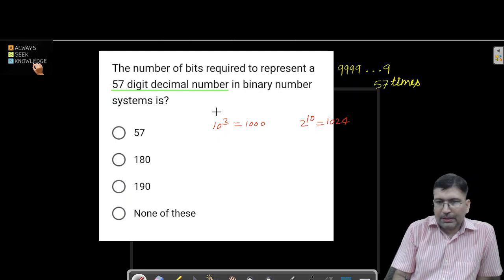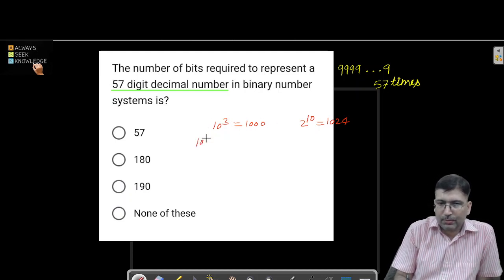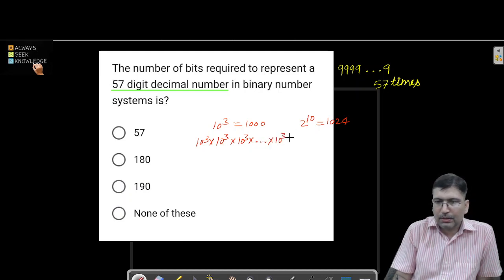If you are multiplying this thing 19 times, you need to multiply the other thing also 19 times. So 10 to the power 3, 10 to the power 3, 10 to the power 3, 19 times. I'm saying 10 to the power 3 multiplied by 10 to the power 3 multiplied by 10 to the power 3 multiplied by dot dot dot 10 to the power 3, 19 times. So here you are doing it 19 times.